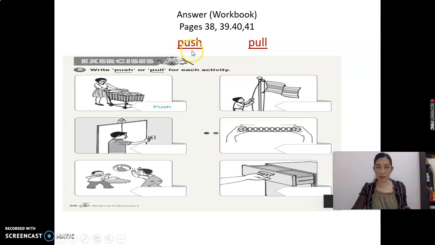Again, write push or pull. Number 1, number 2, number 3, number 4, number 5, and number 6.